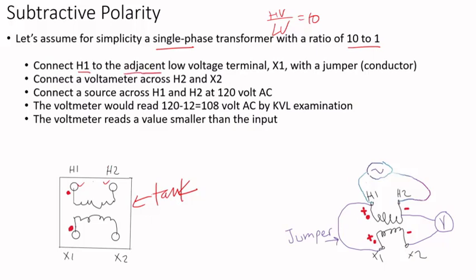So if you take H1, the adjacent terminal is X1. So that's what you see here. So we are connecting H1, this is a wire, basically a conductor or a jumper, to tie the two together. Then connect a voltmeter across the other two terminals. So basically H2 and X2. So you see, this is a voltmeter.